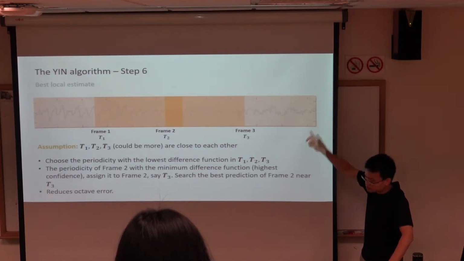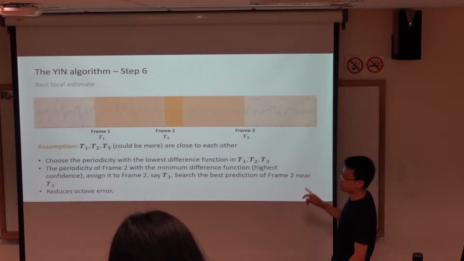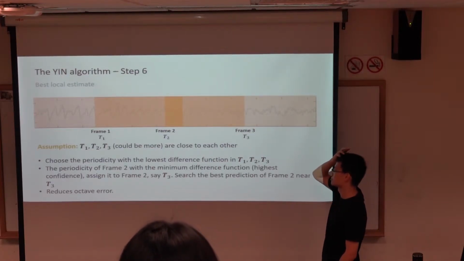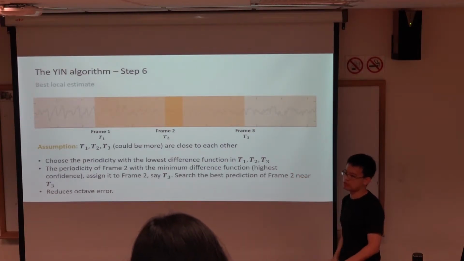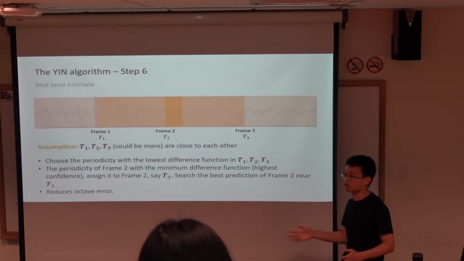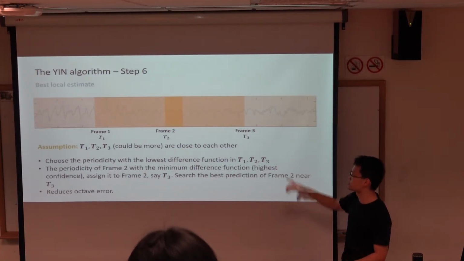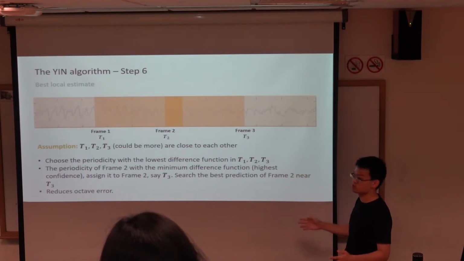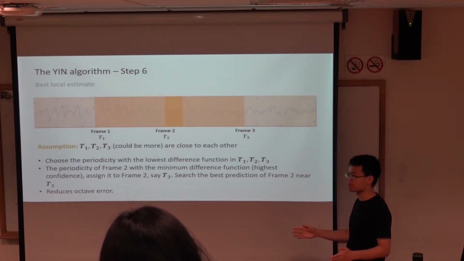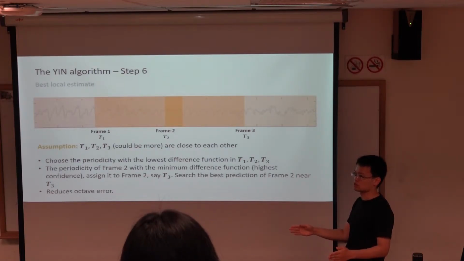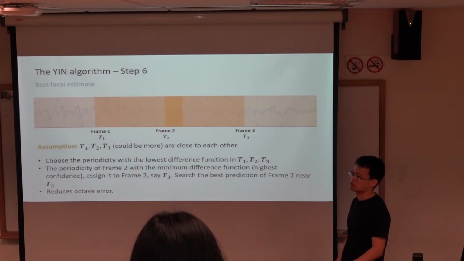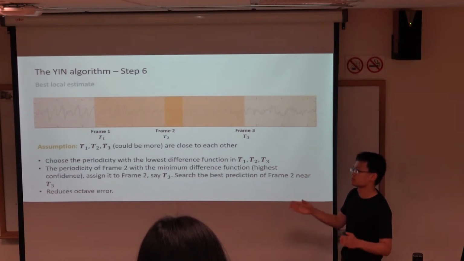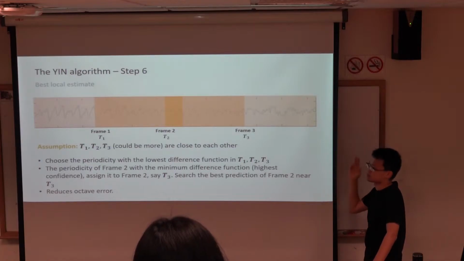For example, if you want to detect the frequency as low as 4 Hz, then maybe the period corresponding to 4 Hz will be very long, right? Because typically it's 100 Hz, 200 Hz, and if the period is very long, I will assume that in this period there will be no octave jump. And this length of period will contain a lot of frames actually.